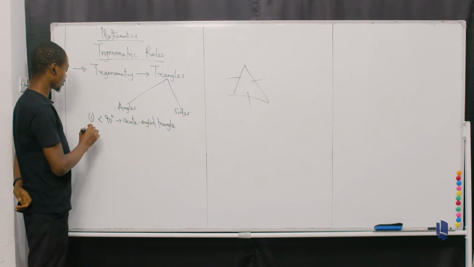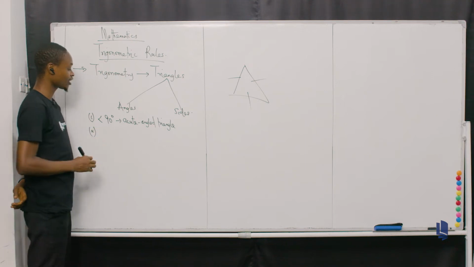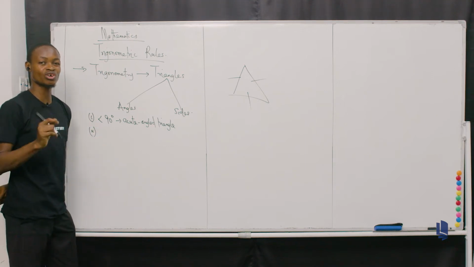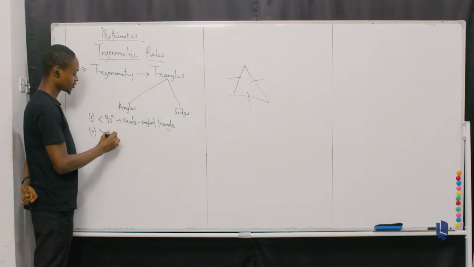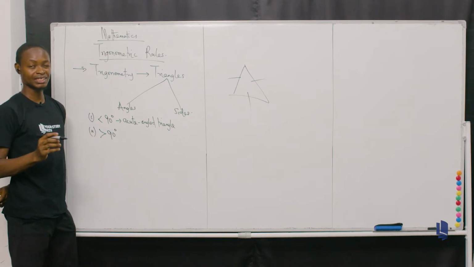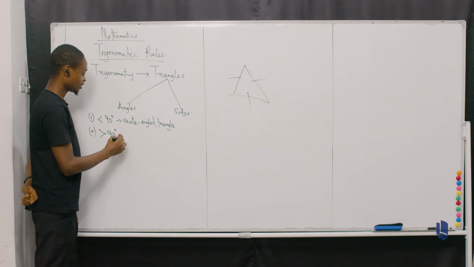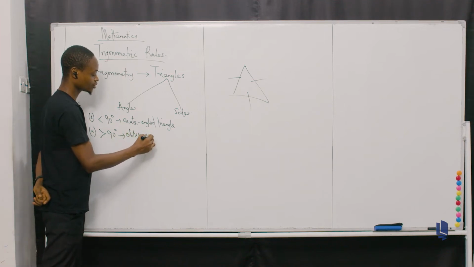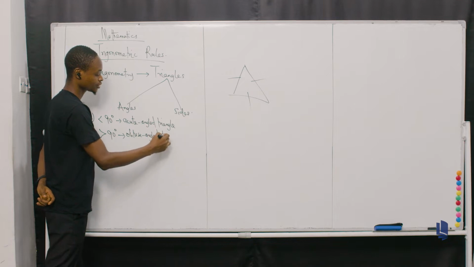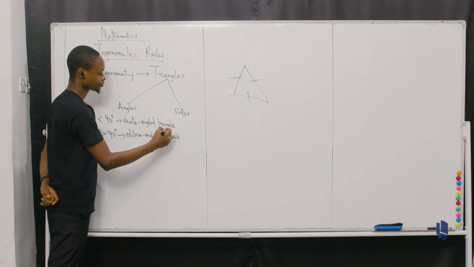Of course, if we also have a triangle where at least one of the angles is greater than 90 degrees, then we can call it an obtuse angled triangle.